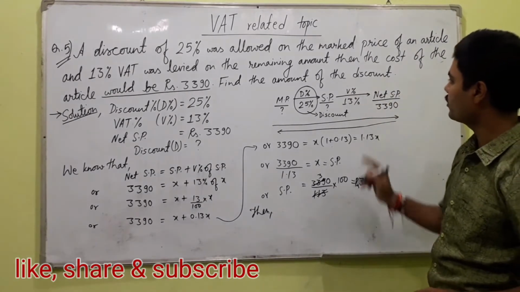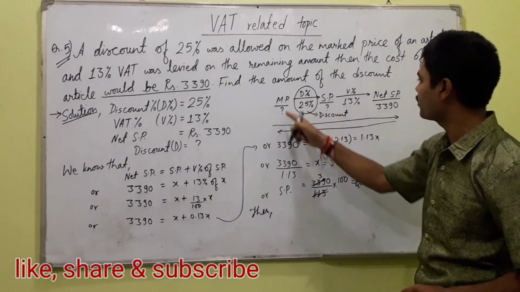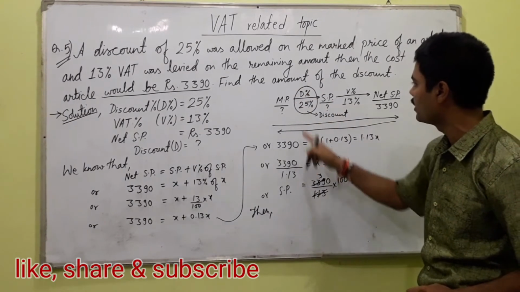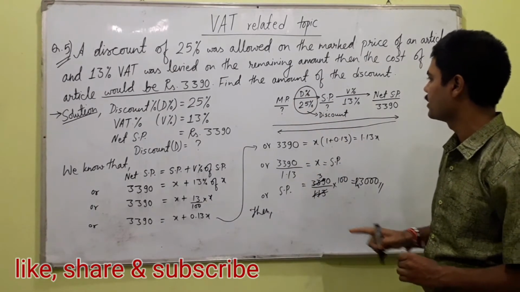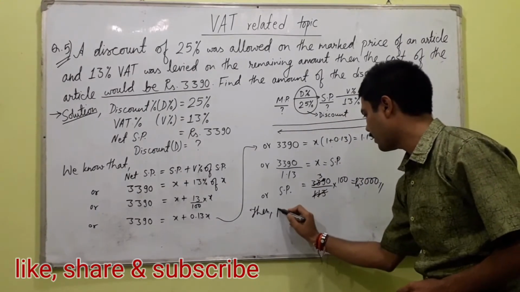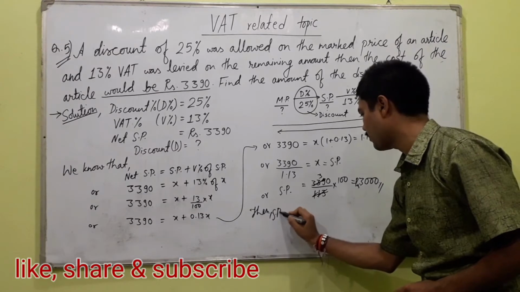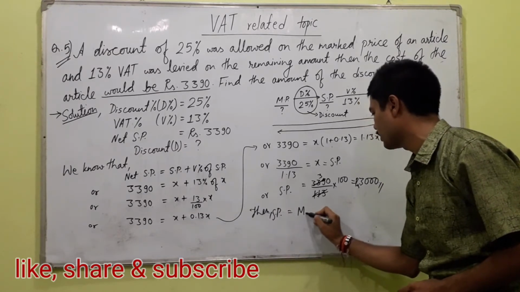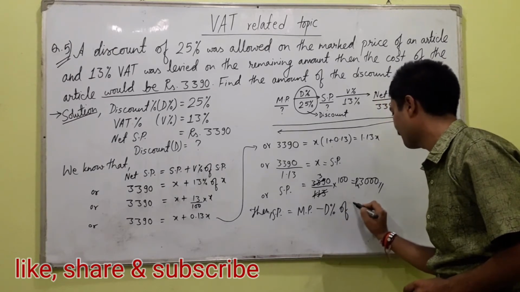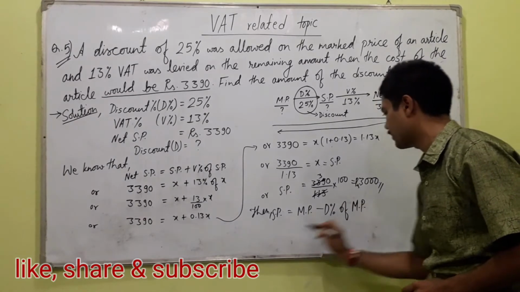After that, what we actually need: in the first part we came to know the discount percentage is given, and the selling price we have come to know here. Now we have to find the mark price to get the discount. So to get the mark price, the formula is selling price is equal to mark price minus discount percent of mark price.